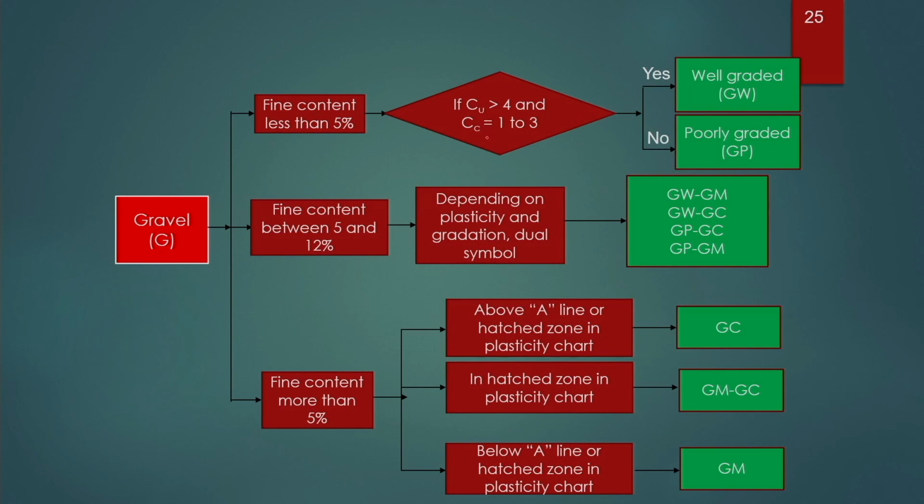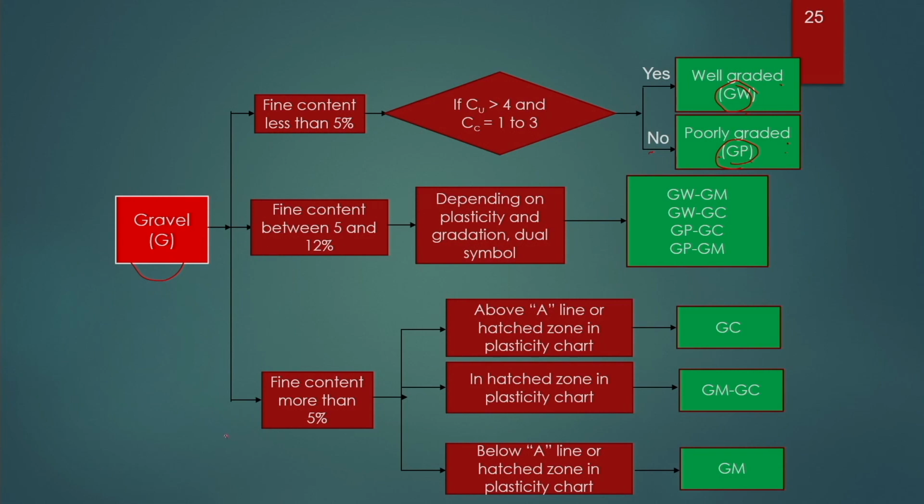If the coefficient of uniformity is more than 4 and Cc is between 1 to 3, if yes, then the soil will be known as well graded and the term used is GW. G comes from gravel, W comes from well graded. If it does not satisfy both these criteria, then the soil will be known as poorly graded. So, it will be GP. Again, G comes from gravel, P comes from poorly graded soil.